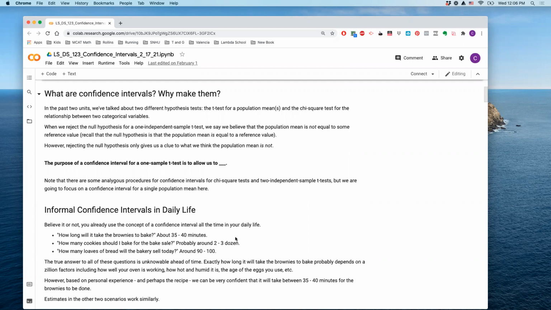So we are going to focus on confidence intervals for a single population mean. This is the counterpoint to the t-test, basically. There is a way to do something similar with a chi-square test, but it would be a confidence interval for what's called an odds ratio. That's a measure of the likelihood of something happening compared to it not happening.